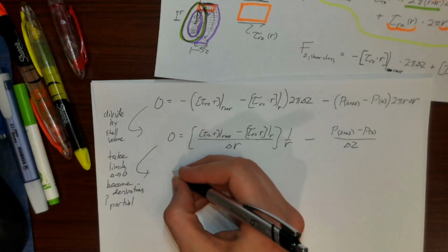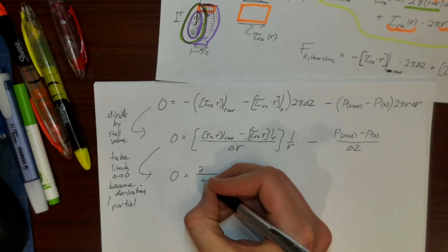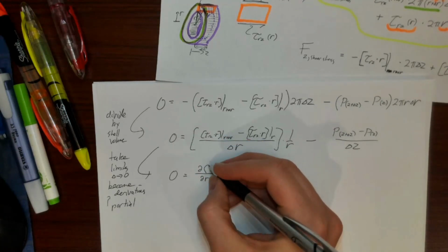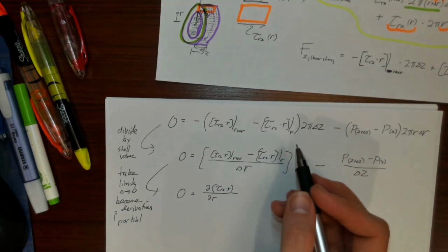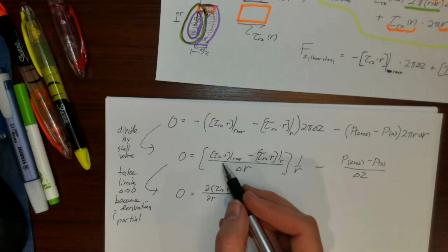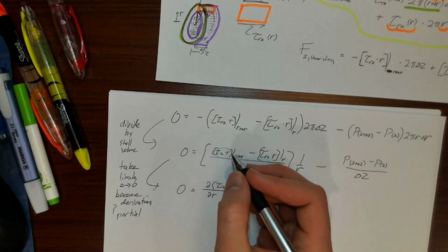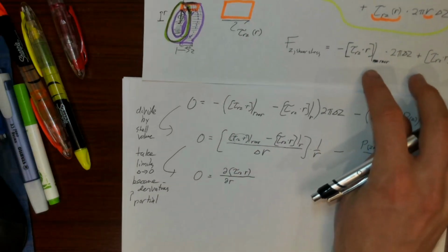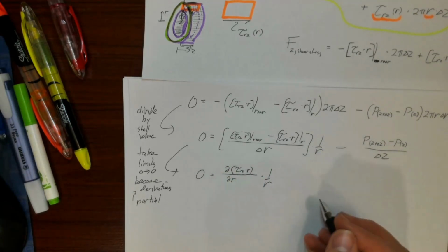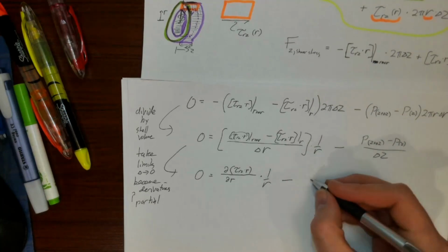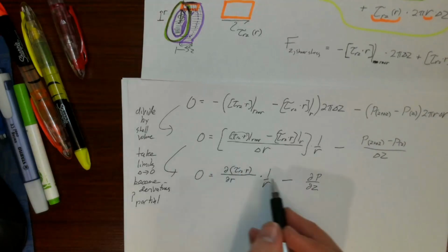So what does that look like right here? 0 is equal to the partial with respect to r of the product of tau rz and r. Just in the same way that earlier I replaced a partial derivative of this difference of things, here this is a partial derivative of the product of these two, because I grouped them together in this earlier step. So now I have a partial derivative of a product, and I can't forget this 1 over r that just hangs along for the ride. And then here I have this partial derivative with respect to z. So here I have it.